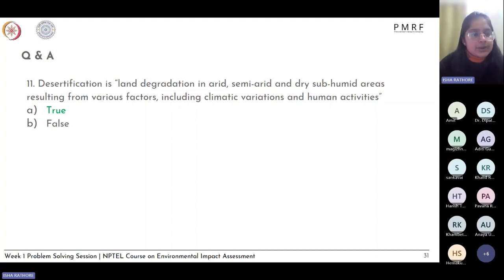Also, in such questions, look for keywords, like the fact that it's being defined in all three areas: arid, semi-arid, and dry subhumid. These can be modified in a question and asked again. So look up the definition and understand the meaning behind it for a clearer understanding and for your exam. Okay, so A was the correct answer.